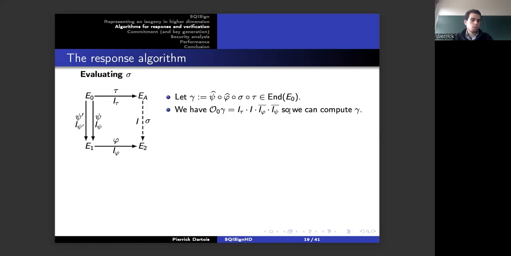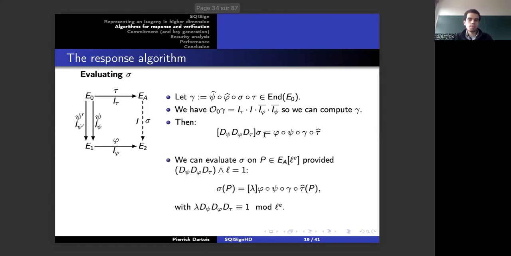And it's a principal ideal, so we simply take a generator in the endomorphism ring of E0, and we can evaluate efficiently this generator because we know the endomorphism ring of E0, and knowing that we can find actually the evaluation of sigma via this formula, provided that the degrees of the secret key, commitment, challenge are coprime with L, by simply inverting this integer modulo L to the E, sorry.